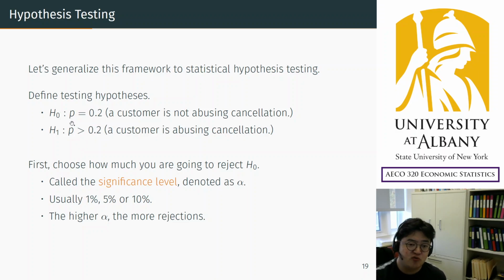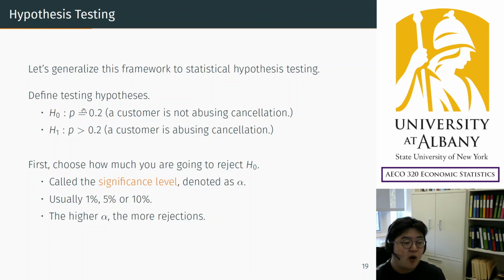Without any observation, without any evidence, I have to believe that my customers are innocent. So I believe that the cancellation probability is 20%. But if a customer is an abuser, the probability of cancellation would be greater than 20%. That is the definition of abuser, right? So we set up our hypothesis. That is the first step.